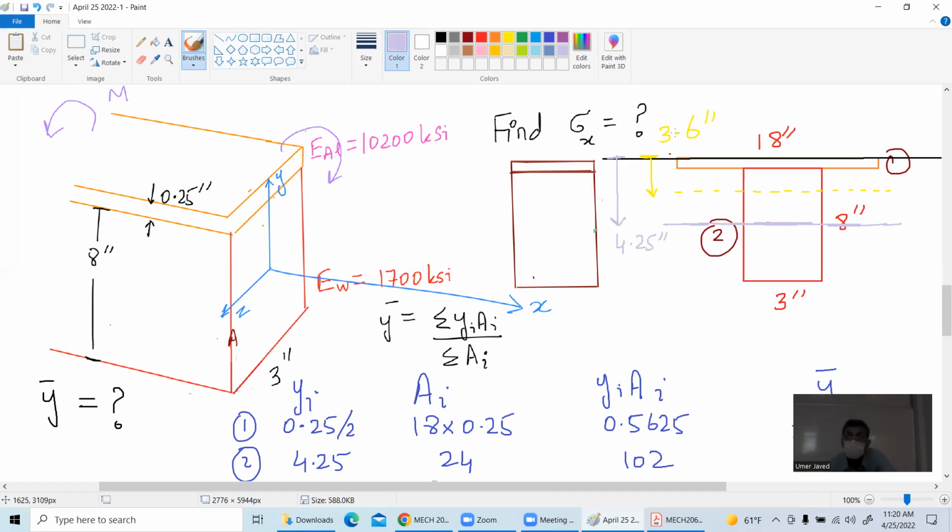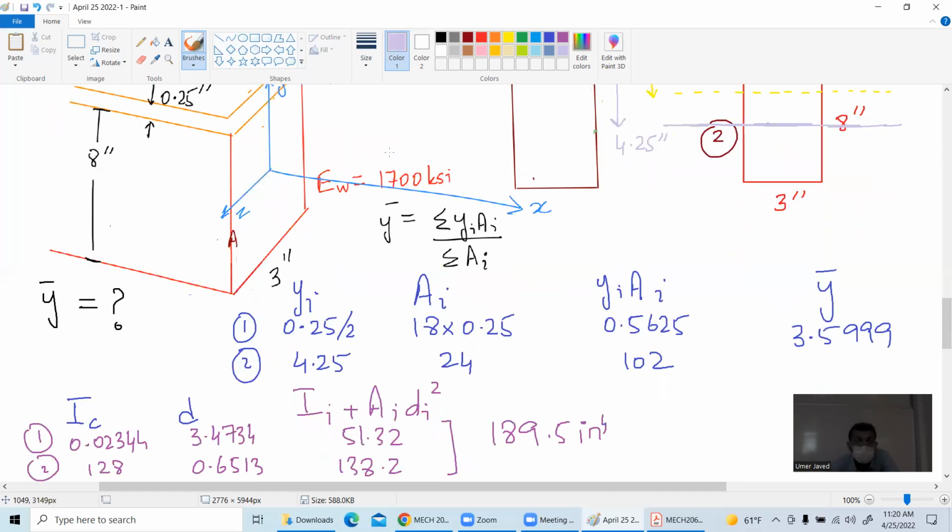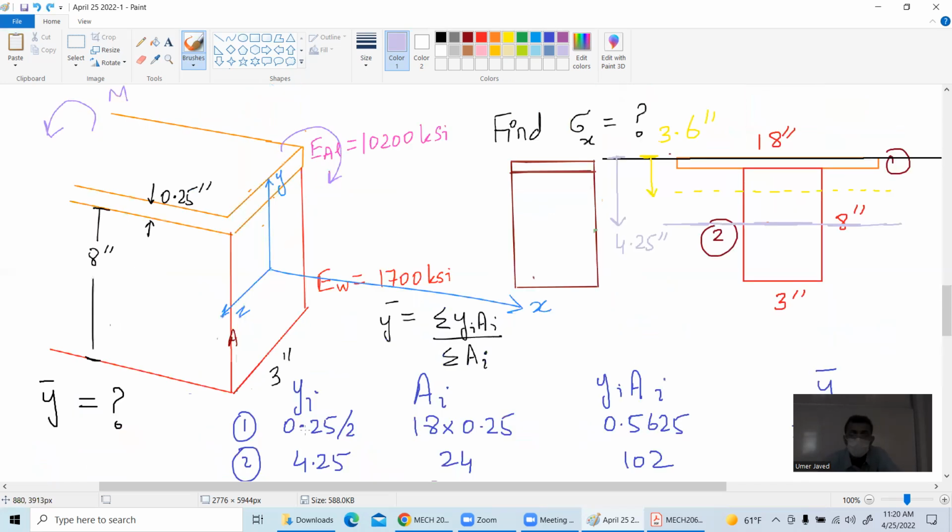So 4.25 minus 3.6 will give me 0.65. So please observe here. I wrote 0.65 inches.